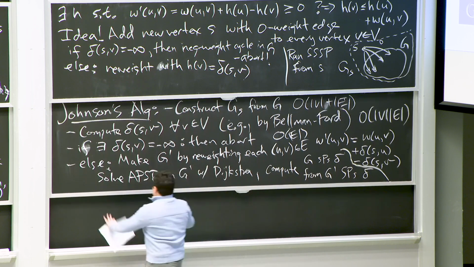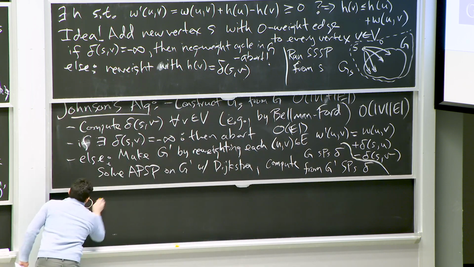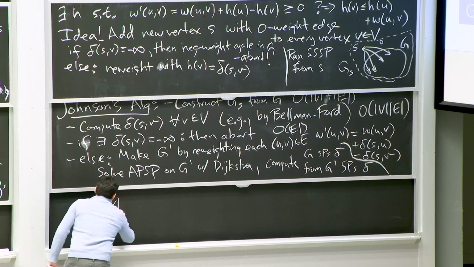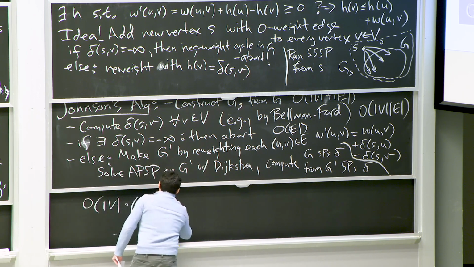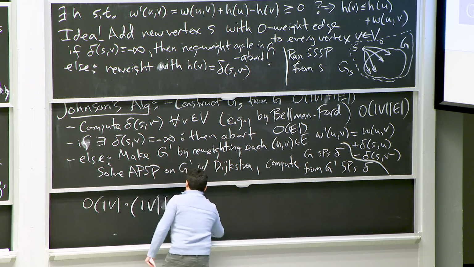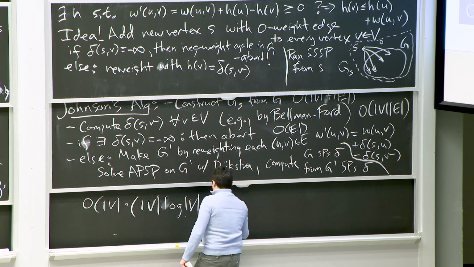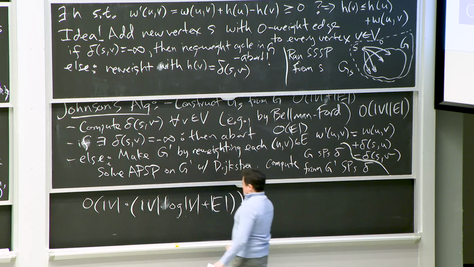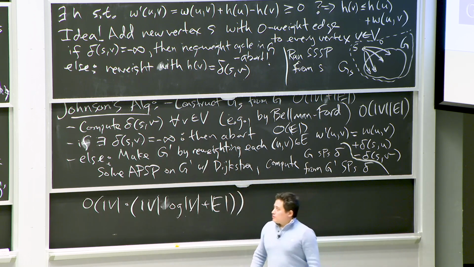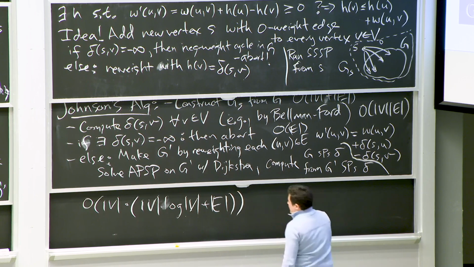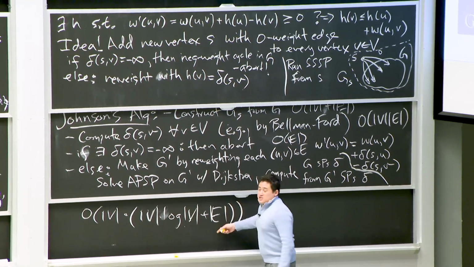Use a little bit more board space here. That's V times V log V plus E time, right? Which is actually the running time that we were looking for, right? I wanted to reduce to not using more than this time. We used this amount of time.